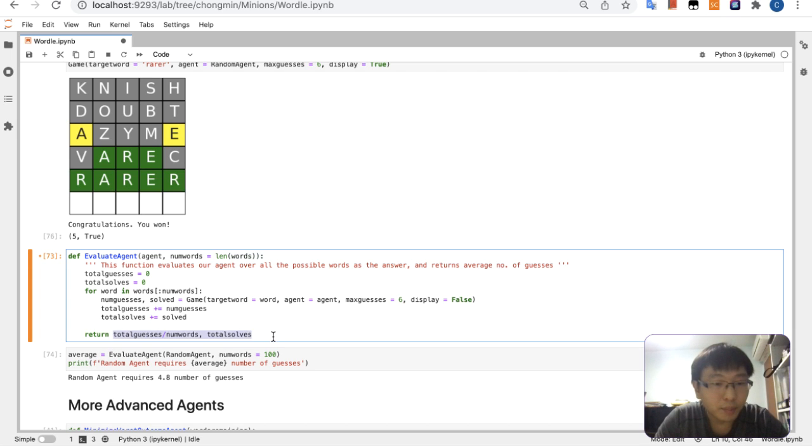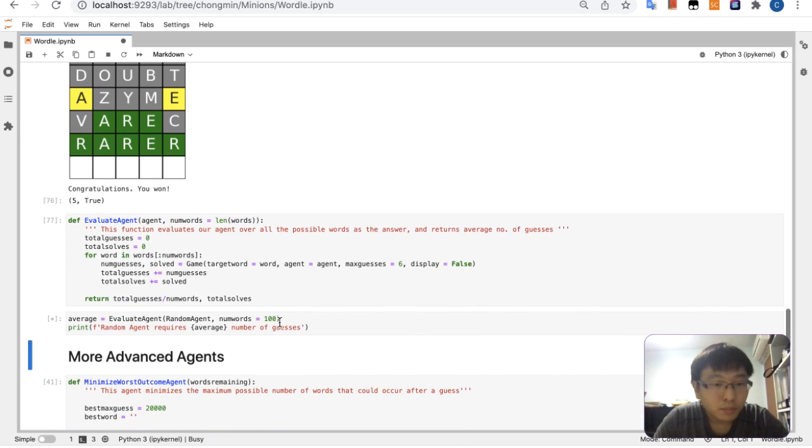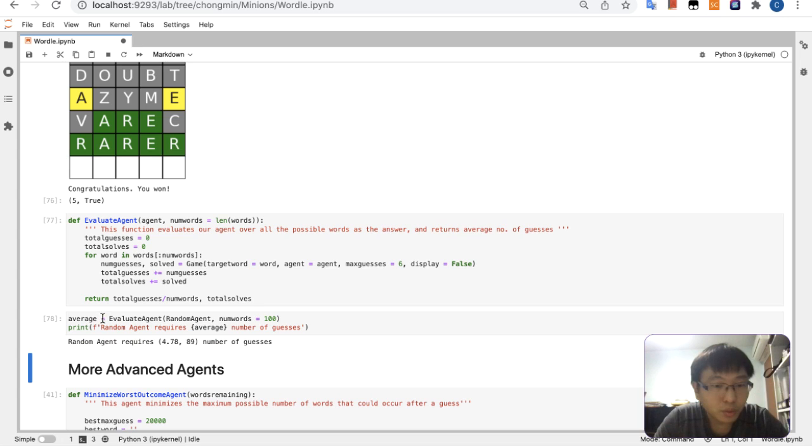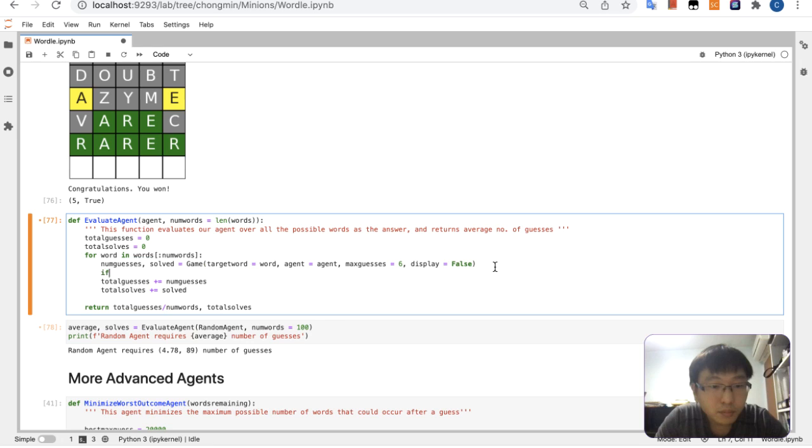And we return two of them, so total average. And if solved, then we add this, and then we divide by total solved.